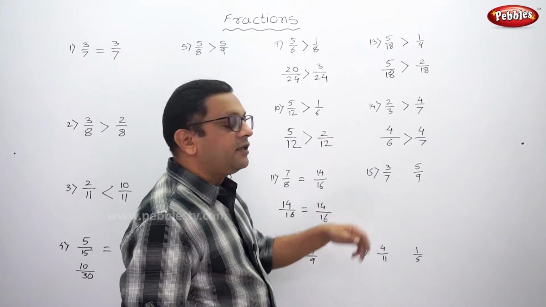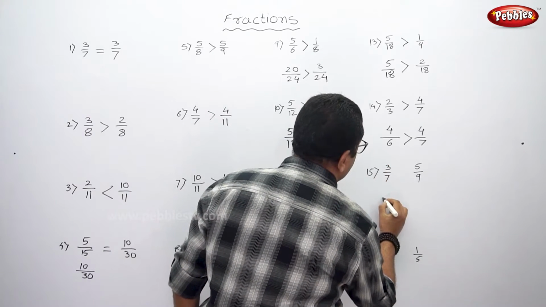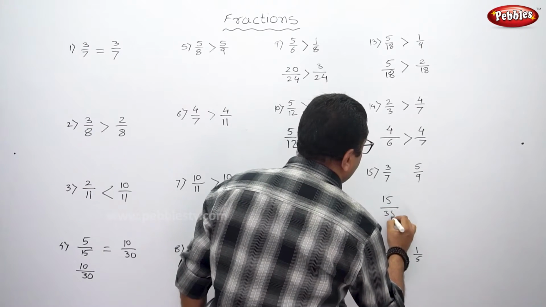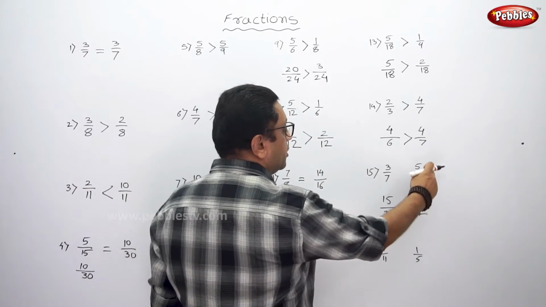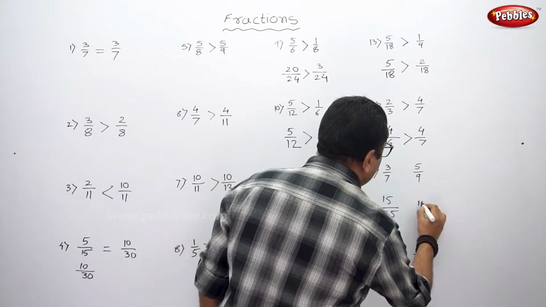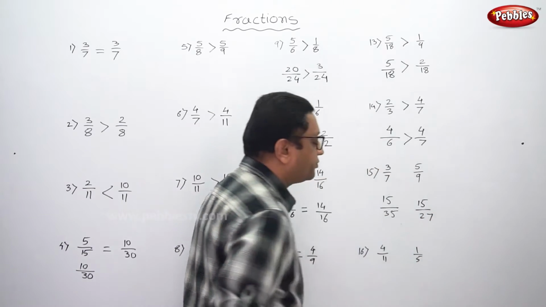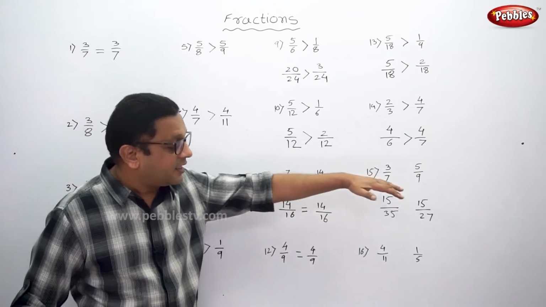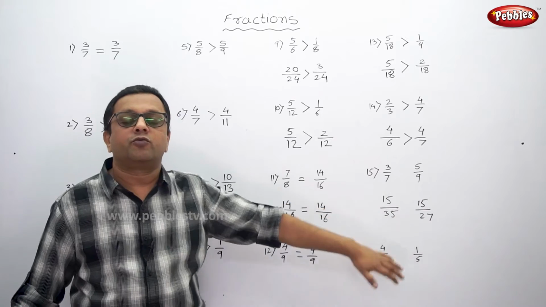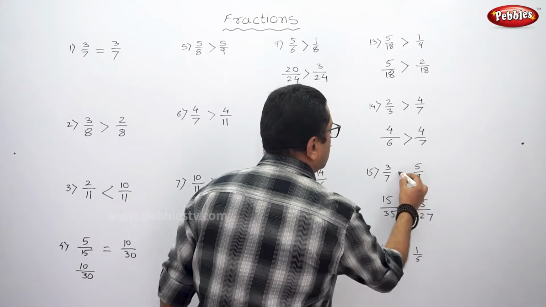To get 15 as common, I have to multiply by 5: 3 5s are 15, 7 5s are 35. And here to make 15, I have to multiply by 3: 5 3s are 15 and 9 3s are 27. Now when the numerator is the same, the bigger the denominator, the smaller the number. So this number is small.